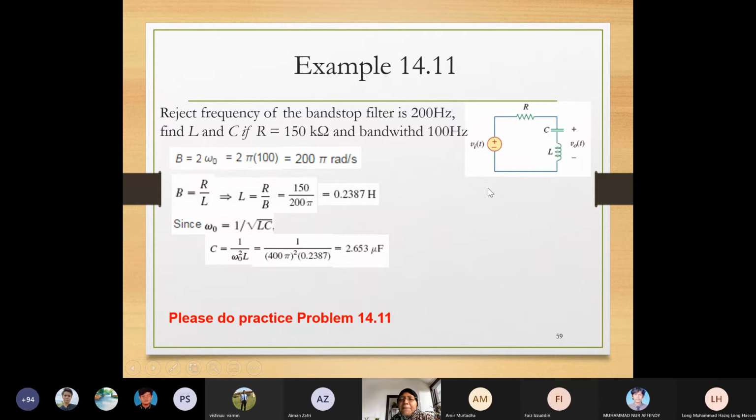Because a filter has its own performance, you will have a quality factor for each circuit. To explore more, you can do the practice problem 14.11 from the textbook on your own.